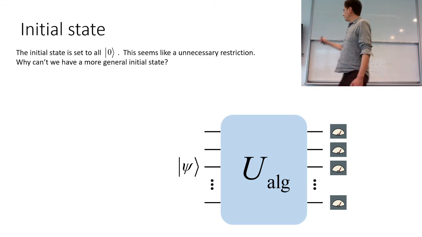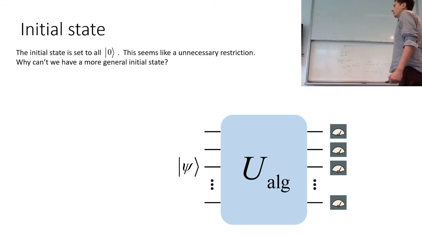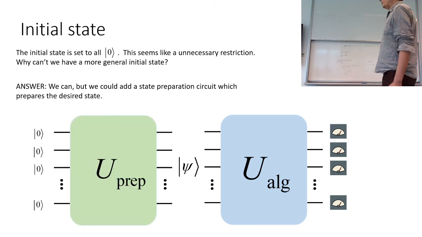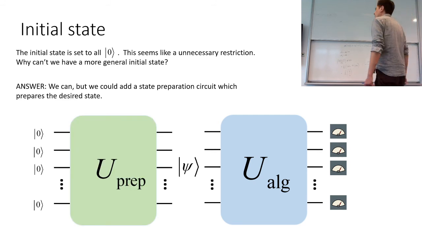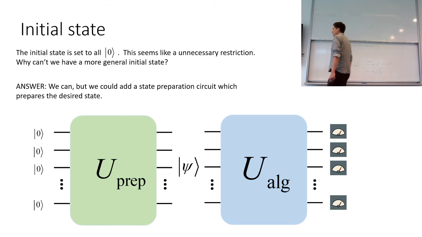Of course we can do that, but the thing is that we could simply make another little circuit here to prepare that state that we were trying to prepare, and then start this preparation circuit from the zero state.